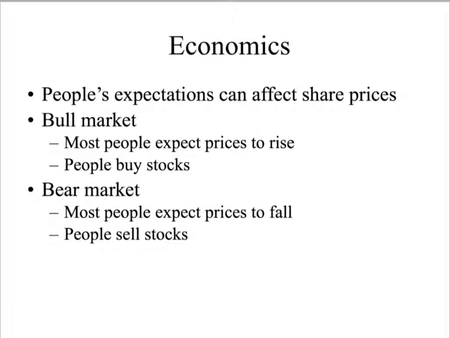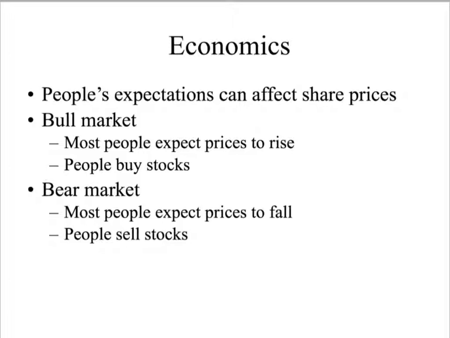With economics, you might not really think of economics as a human science, but it is because it studies basically where we would put our money. A couple of examples here are bull markets and bear markets, where expectations can affect share prices. In a bull market, you expect prices to rise, therefore you buy the stocks because you want to make more money off of the rising stocks.